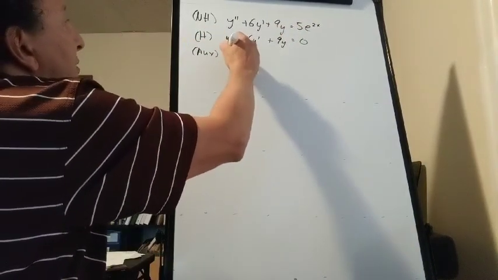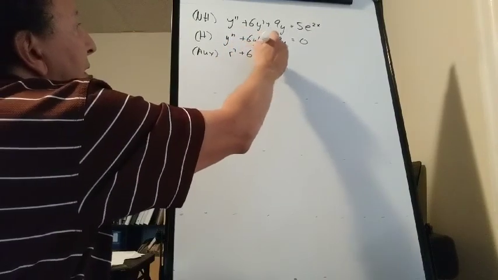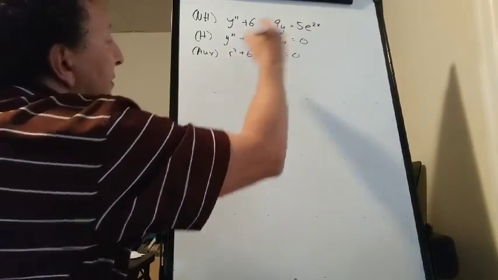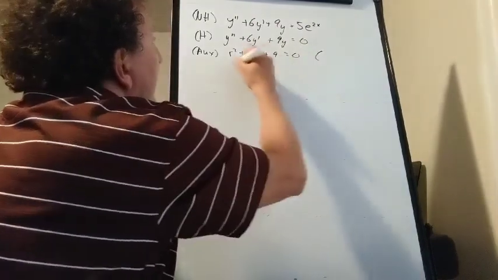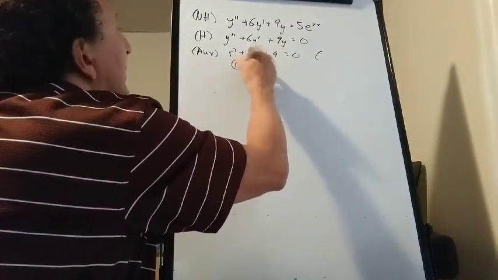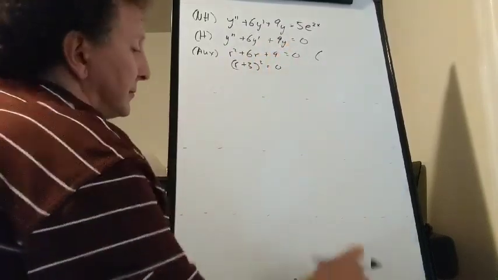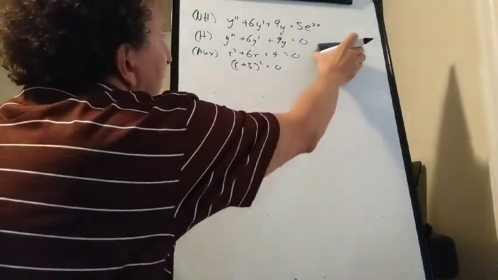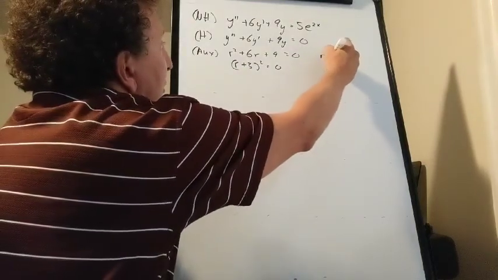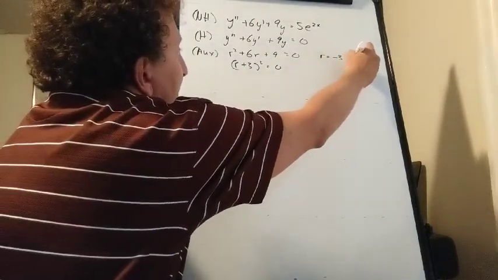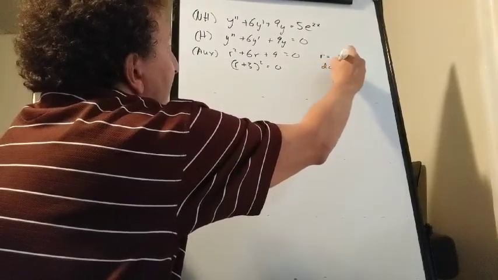The auxiliary equation is r squared plus 6r plus 9 equals 0. That's r plus 3 squared equals 0. So r equals -3 is a double root.